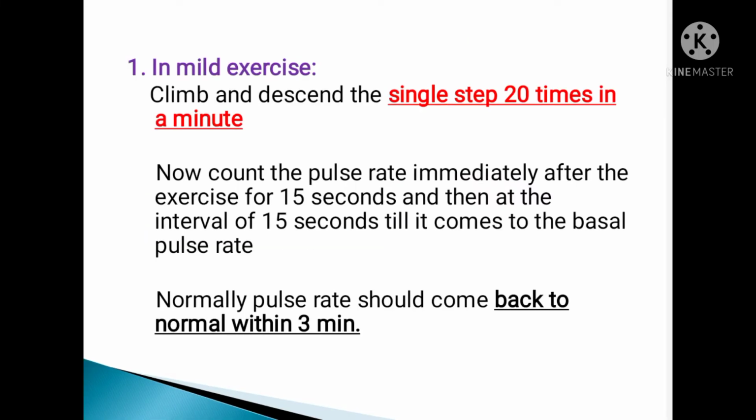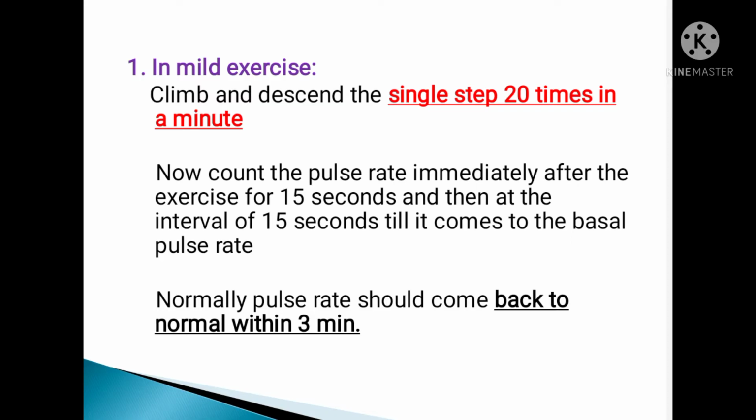To perform mild exercise, climb and descend the single step 20 times in a minute. Now, count the pulse rate immediately after the exercise for 15 seconds. And then, at intervals of every 15 seconds, count the pulse rate till it comes to the basal level.